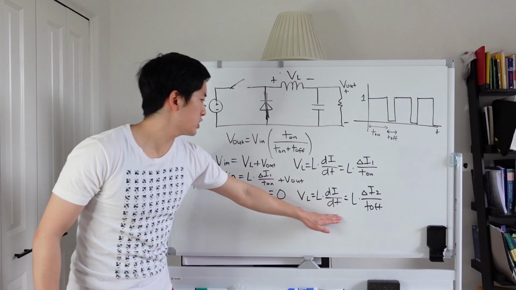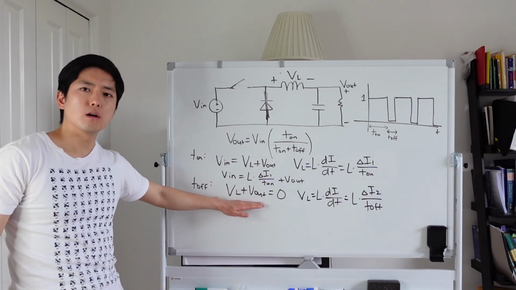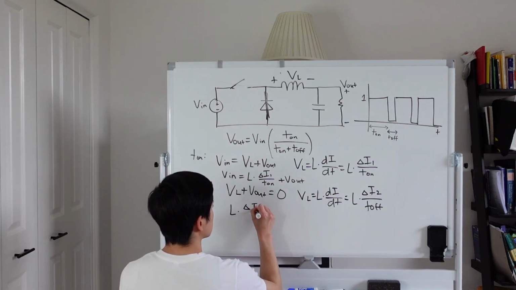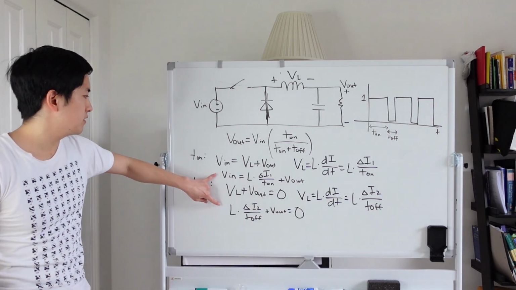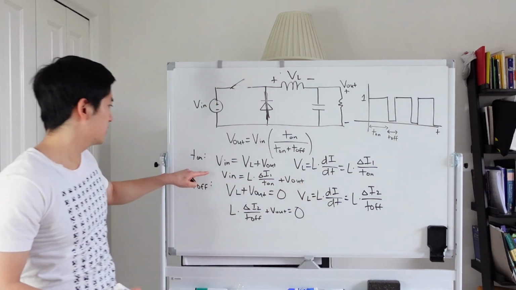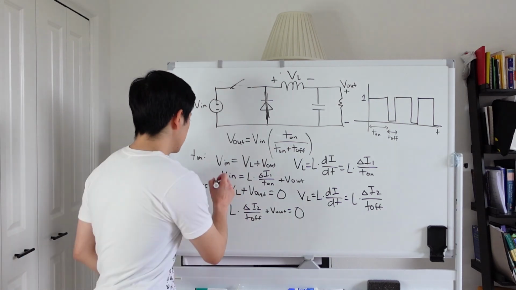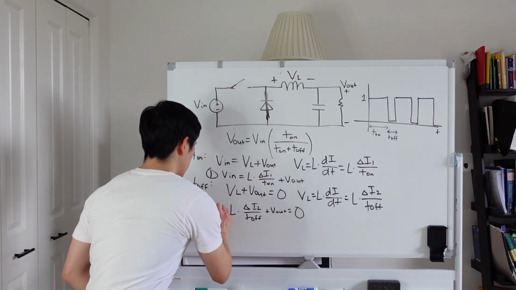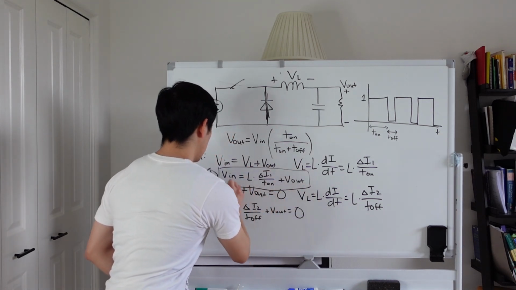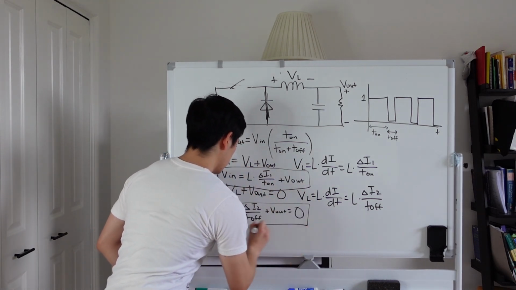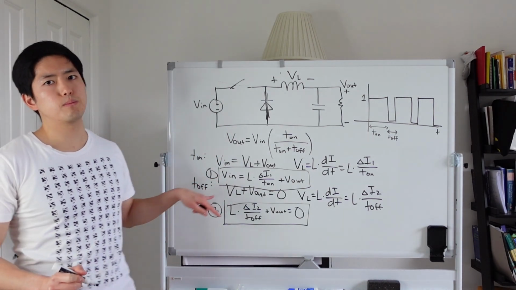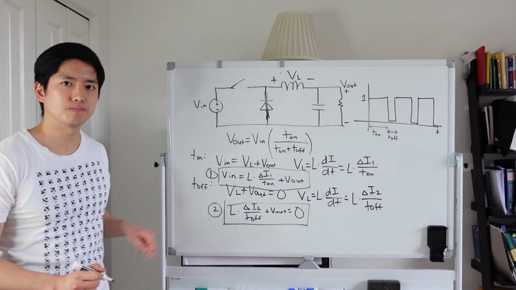And we can take this equation and substitute it into our equation here derived from Kirchhoff's laws. So now we actually have a system of equations here. We have equation 1 and equation 2. And we can use these two to solve for the relationship between V out and V in.